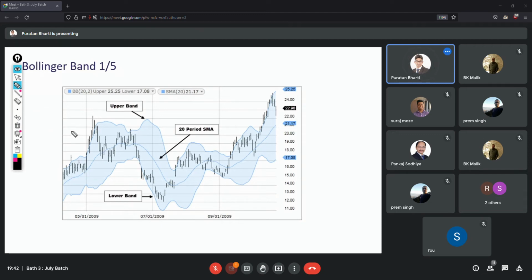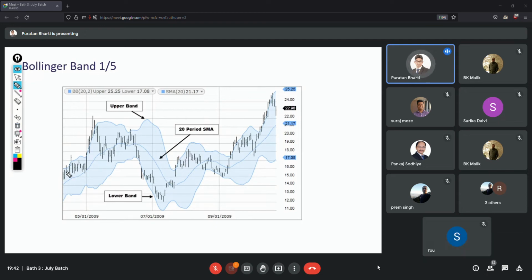And the other thing here is that whenever it touches the upper band, sometimes you would see it corrects, and when it touches the lower band, you would see that it moves upward, crosses this one and moves further.